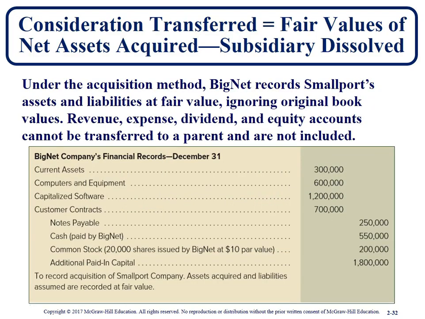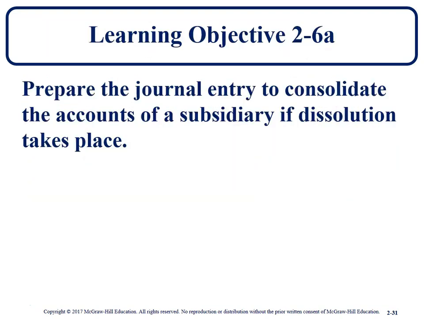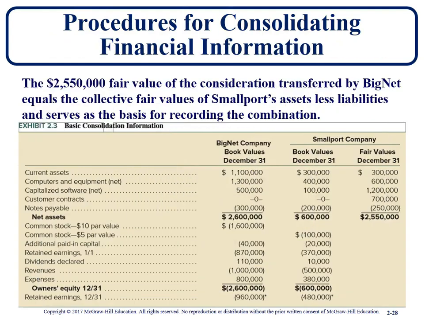Okay, so if you remember, let me go back and look at this. Whoops, went one too far. What we want to do is show these items right here, all of these fair values, in the journal entry, and we want to show what was paid for them.